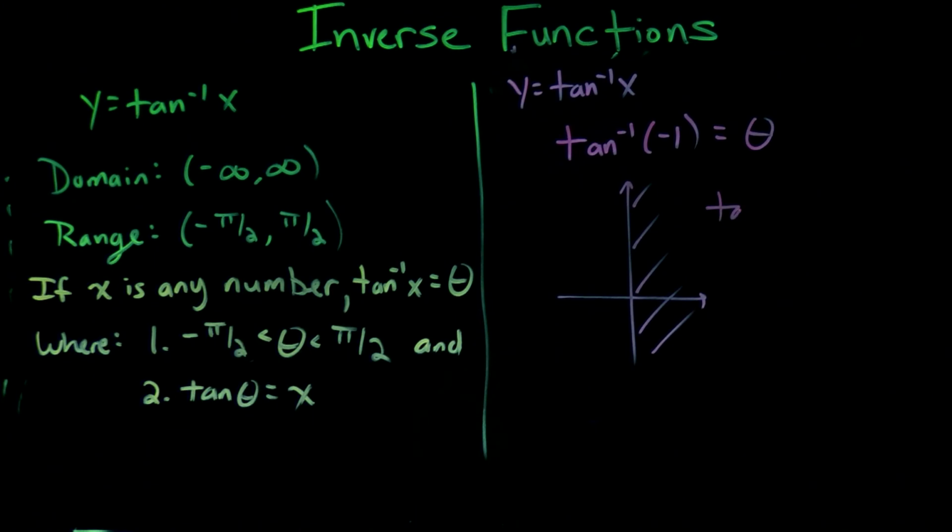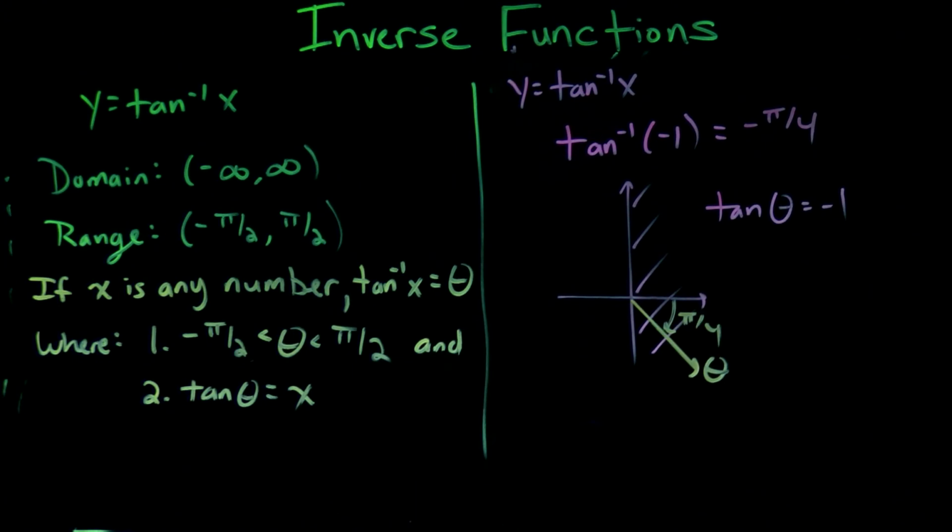And the tangent of theta has to be negative 1. That tells us that theta's got to be in the fourth quadrant with a reference angle of pi over 4. And so the angle we're looking for is negative pi over 4. That is the unique angle between negative pi over 2 and positive pi over 2 which has a tangent value of negative 1.